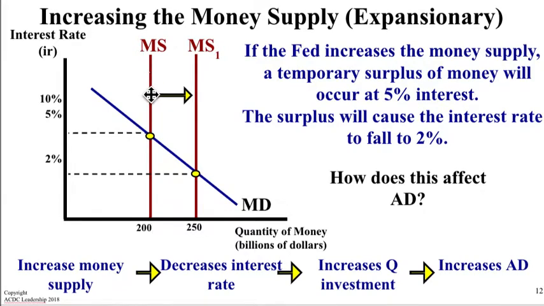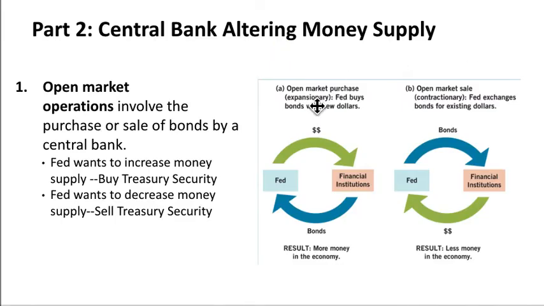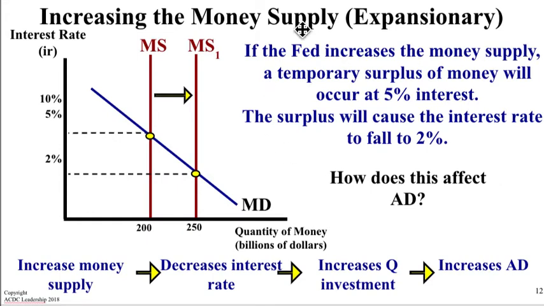And whenever the money supply is increased, so this perfectly inelastic curve is shifted to the right, it's called expansionary monetary policy. And so if the Fed increases the money supply, remember we saw that when they are actually buying bonds, so the purchasing of bonds by the Fed shifts the money supply to the right, and that will decrease interest rates. And so how does this affect aggregate demand?